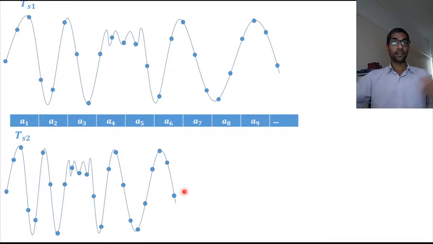So let's say if the signal here is twice as fast, then if we reduce the time period by half, you should get exactly the same digital signal as you had before. So what I'm saying is sampling this signal with a sampling rate of TS1 and sampling this signal with a sampling rate of TS2 gives exactly the same digital signal.